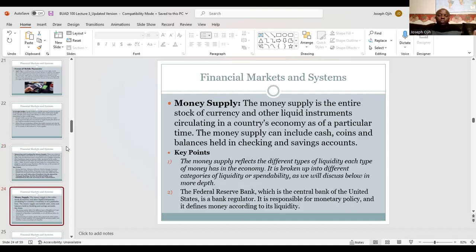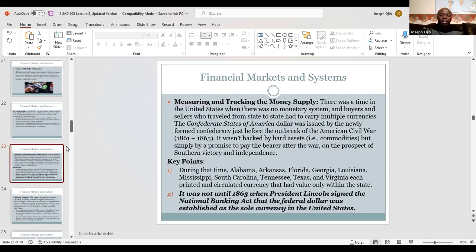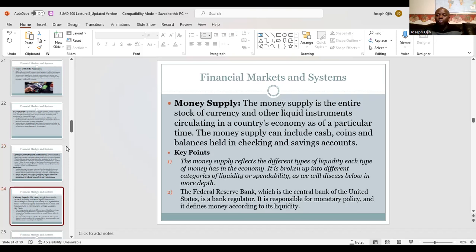So now, having given you this background, we're in a good position to define the term money supply. Money supply can be defined as the entire stock of currency and other liquid instruments that are accepted as a means of payment and that circulate in a country or an economy at a particular time.